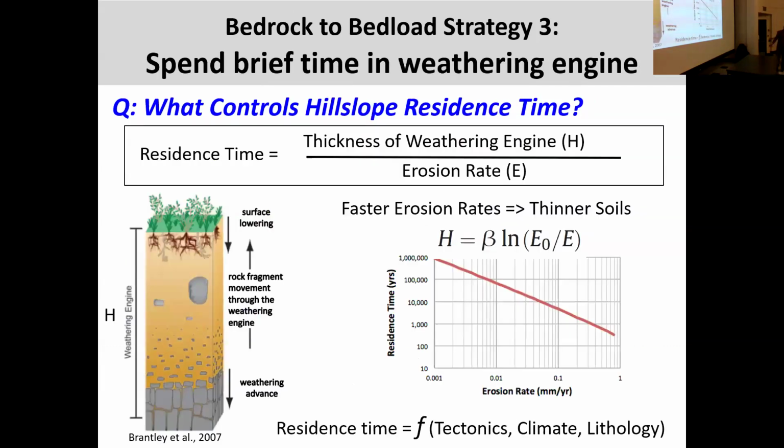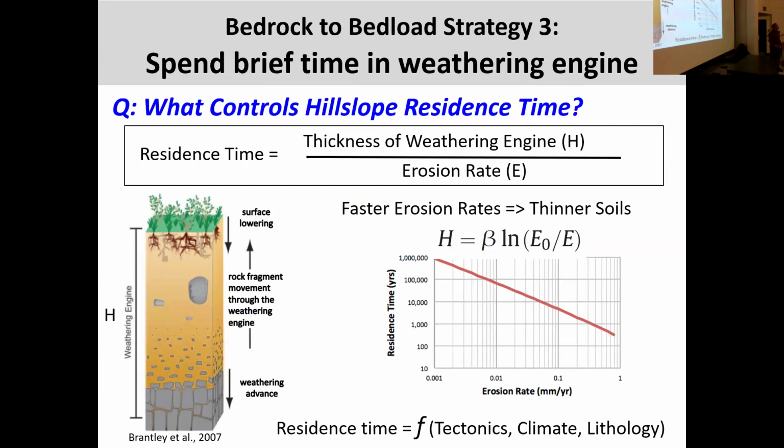And then, what if you wanted to spend a brief time in the weathering engine? Well, how long do particles spend in the weathering engine? What is the residence time and what controls the residence time? Well, we can think of that in two ways. One is there's a size, a volume, and in this case, a thickness per unit area to the zone where weathering occurs.